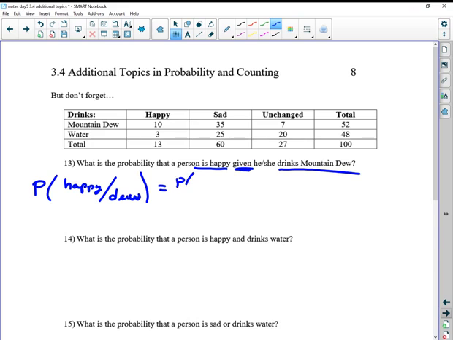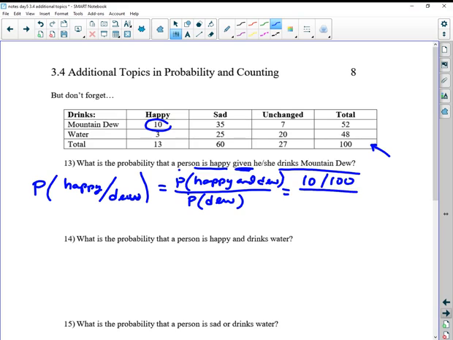So a given statement, we're going to have happy and drinking Mountain Dew, but the given goes down below. Notice I have a P on both notations. I don't put the numbers from the table into my notation, but now I'm going to look for my happy people drinking Mountain Dew out of everybody, and my people drinking Mountain Dew right here.